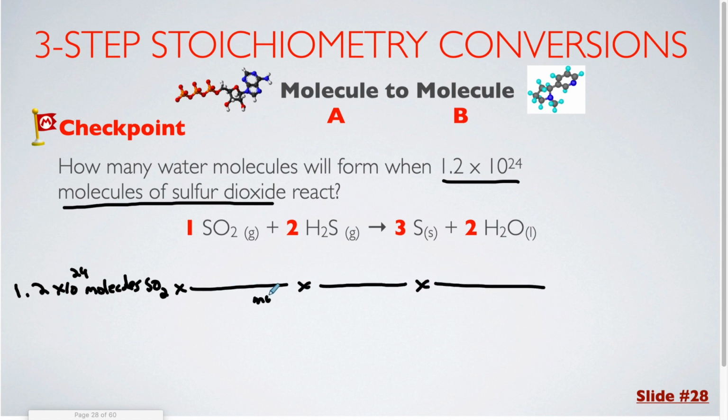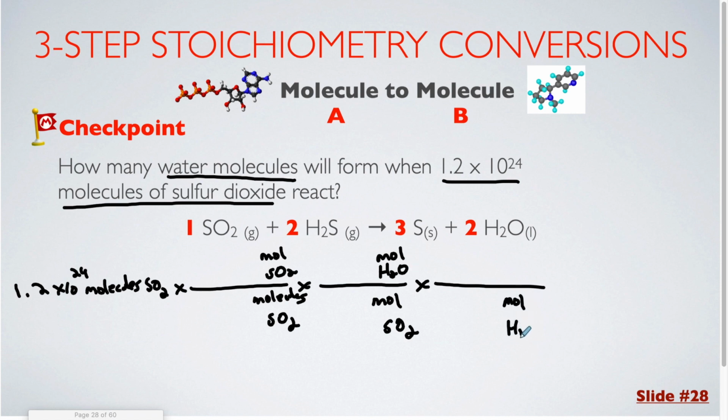So I need to cancel out my molecules of SO2 on my way to moles of SO2. Then I need to cancel out moles of SO2 to moles of my substance B, which is water. And then I'm going to cancel out my moles of substance B out to my molecules of substance B.